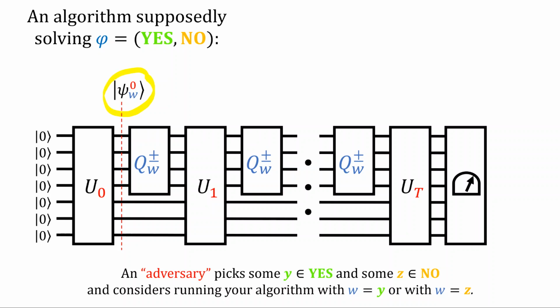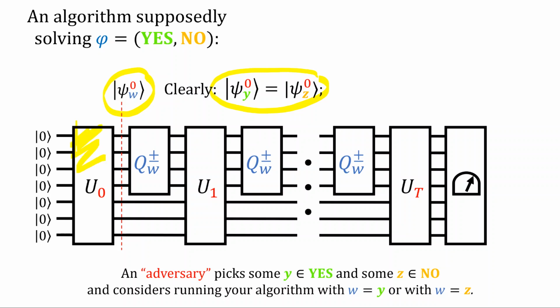In particular, psi 0 sub w will have the same value regardless of whether w is y or w is z, simply because the algorithm's behavior until this point only involves applying a unitary to the all zeros state. So the differing values of w haven't made a difference yet.